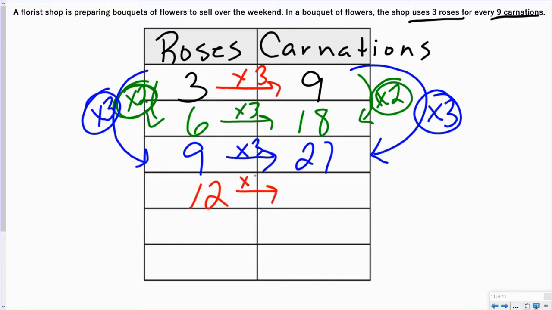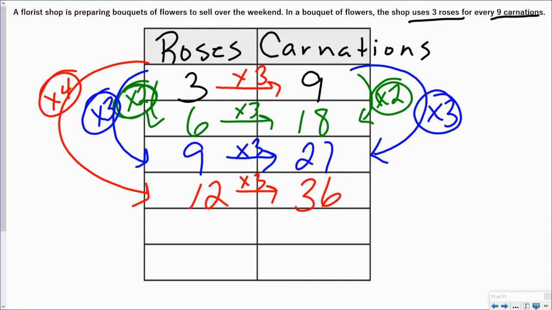And if I take 12 and multiply it by 3, that gives me 36. Or if I look here, this would be multiplied by 4. So if I multiply by 4 here, I would also have to multiply by 4 over here.